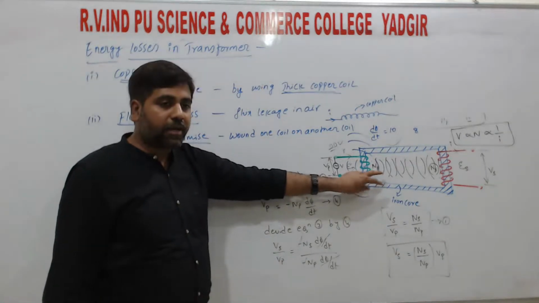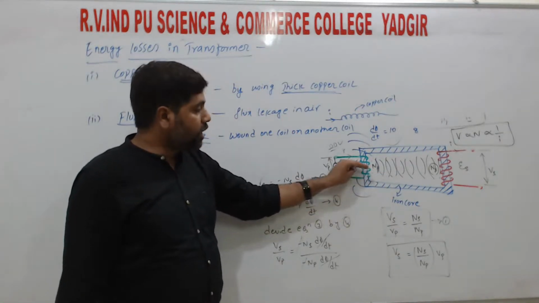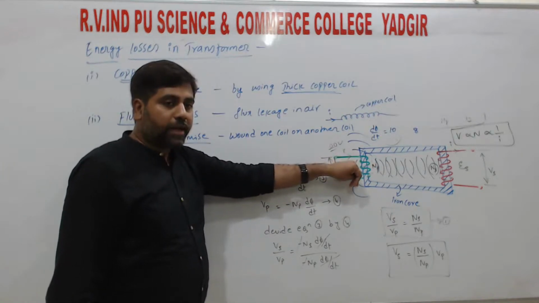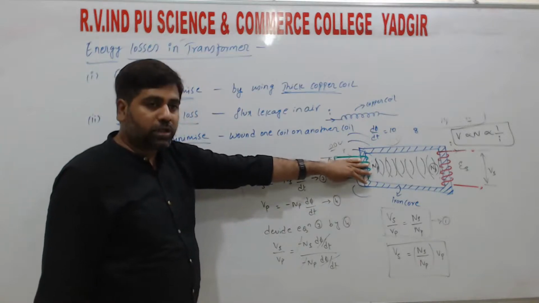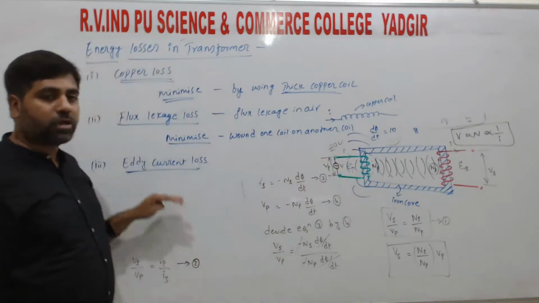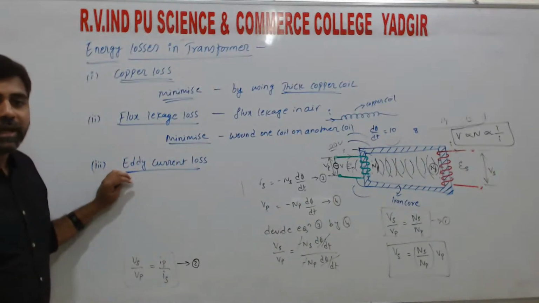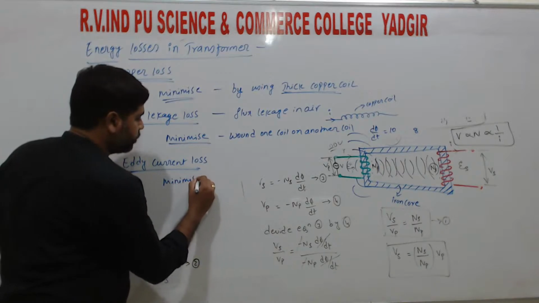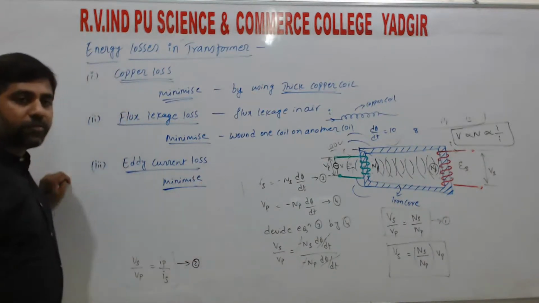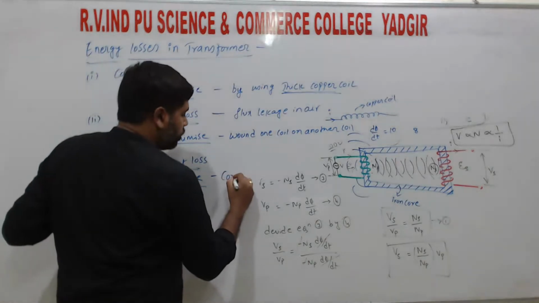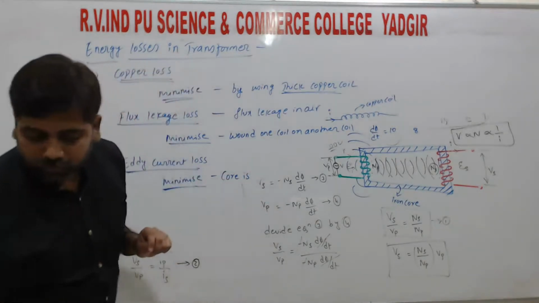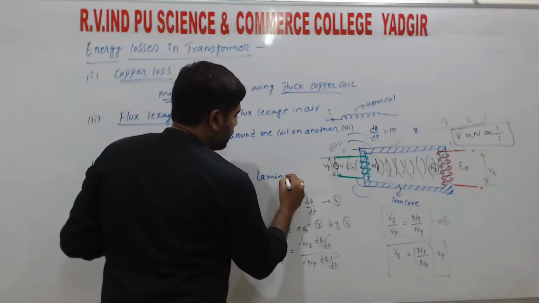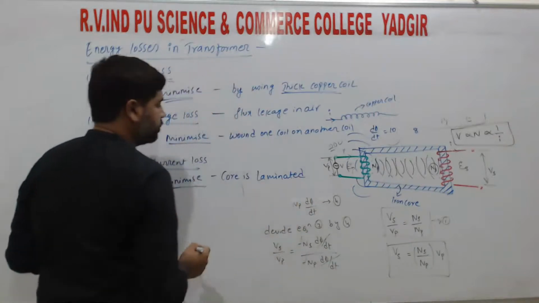So if we place it in a varying magnetic field, eddy currents are produced. Those eddy currents flow through the conductor, so heat is produced in the coil. That loss we call eddy current loss, right? So how to minimize this?